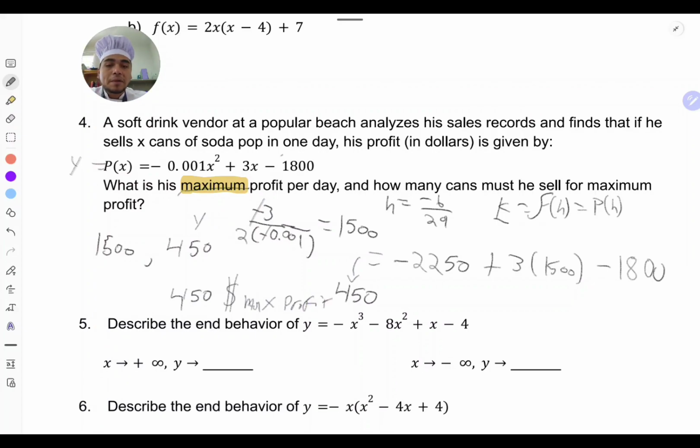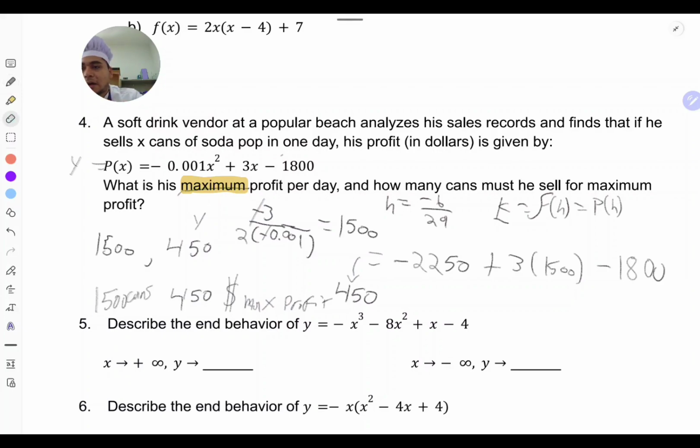And how many cans must he sell to get $450 a day? 1,500 cans. There we go. That is question number 4.